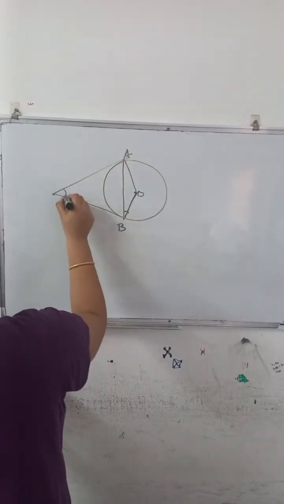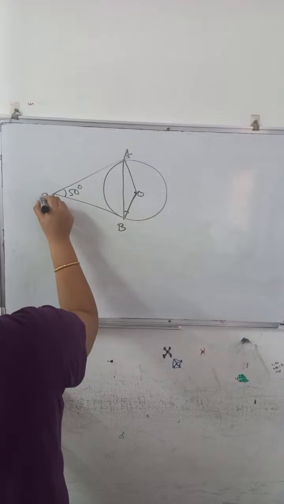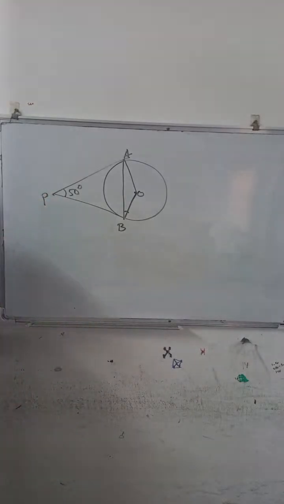angle OAB is equal to: first option 25, second option 30 degrees, third option 40 degrees, last option 50 degrees.